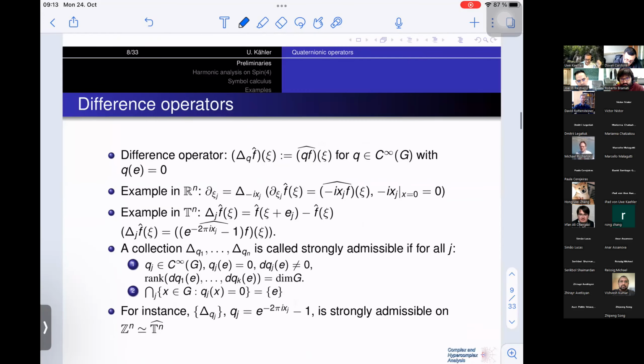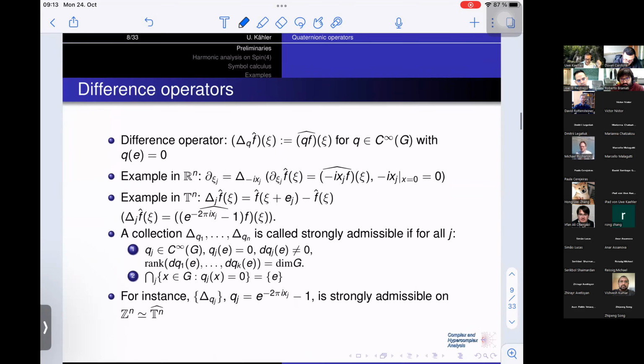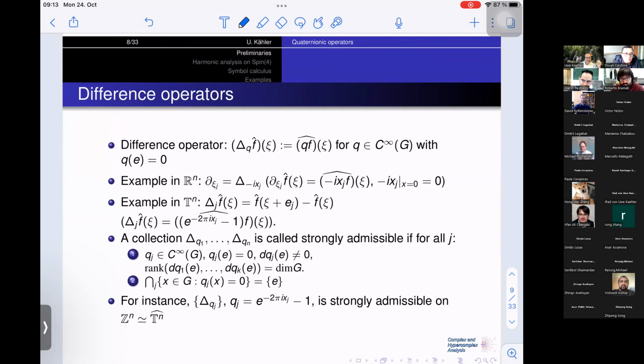The main point in this calculus is you want symbol classes, you want to work with them, and that means you need operators on the frequency side. And operators on the frequency side, since it's discrete, have to be difference operators.